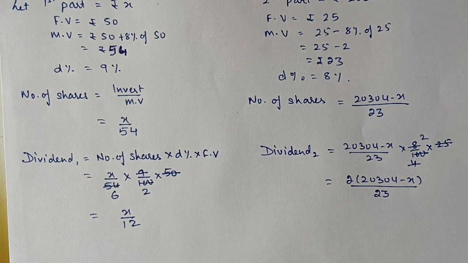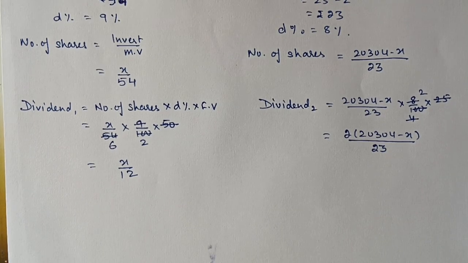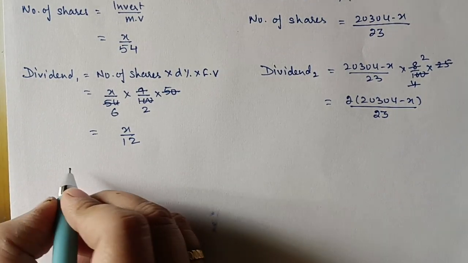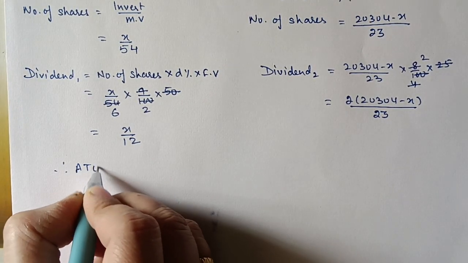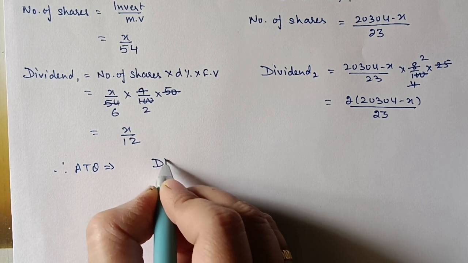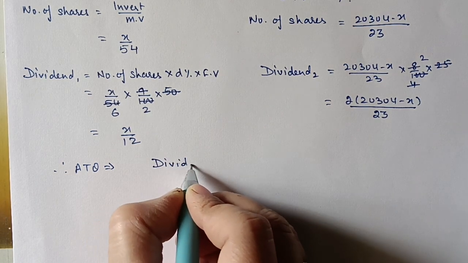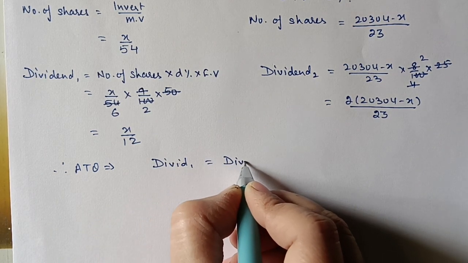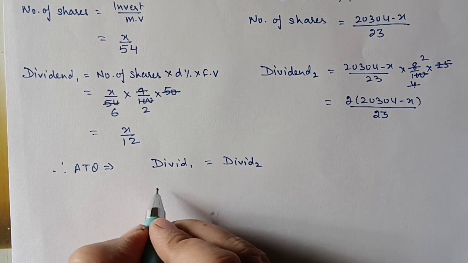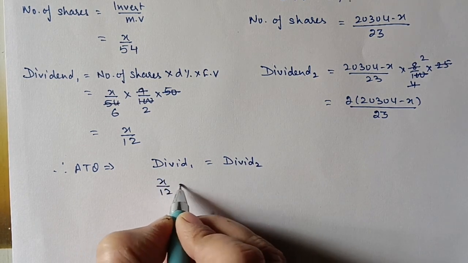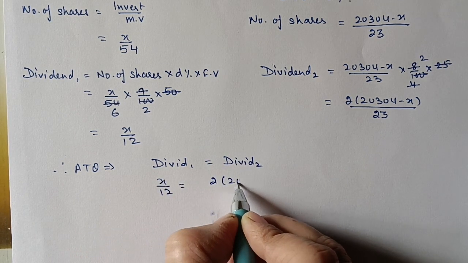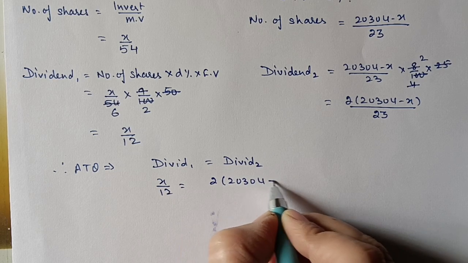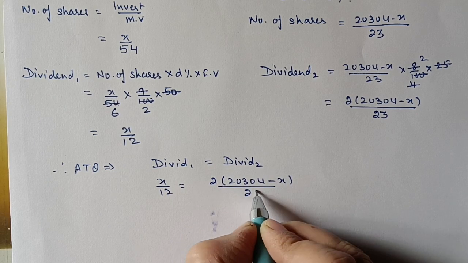And according to the question, both the dividends are equal, both the incomes are equal. So therefore, dividend 1 is equal to dividend 2. So we will equate it: x upon 12 is equal to 2 into 20304 minus x upon 23.